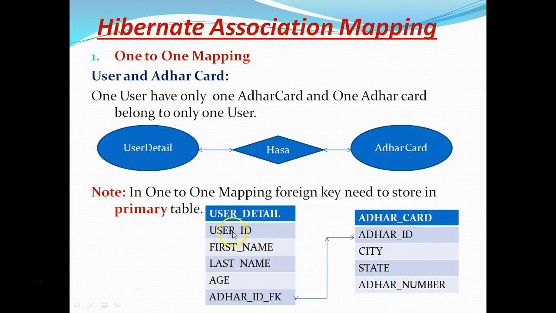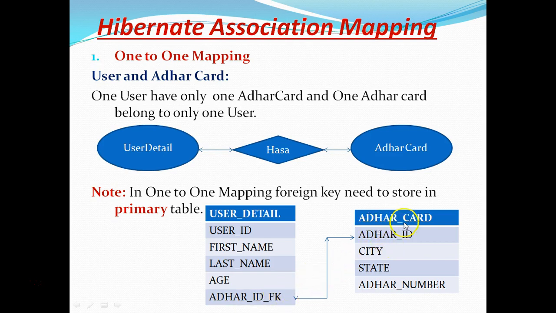You can see user ID, first name, last name, age, then Aadhaar ID FK. Here Aadhaar ID FK is the foreign key from the Aadhaar card table. Whatever Aadhaar ID I have, this Aadhaar ID is the foreign key in the user detail table.